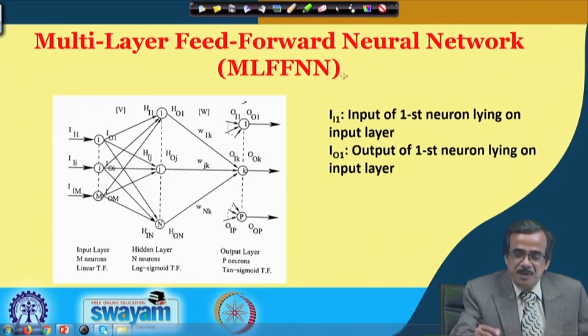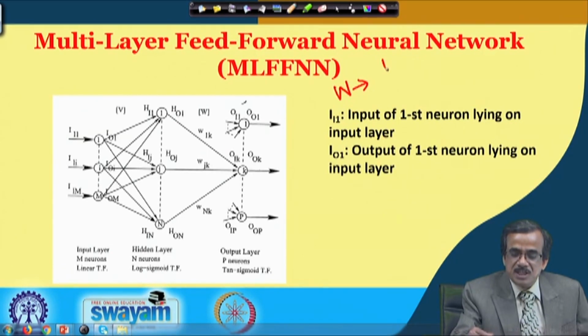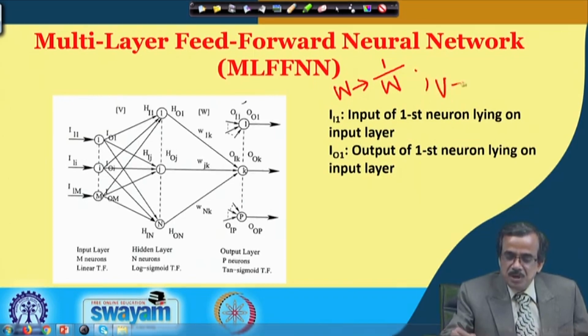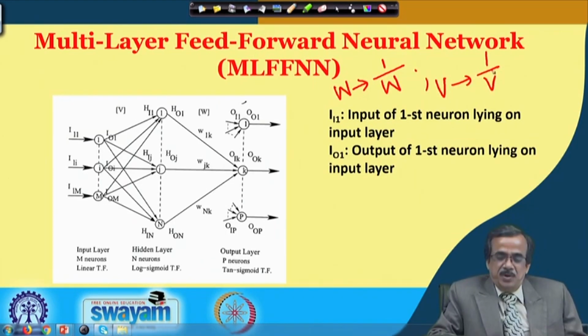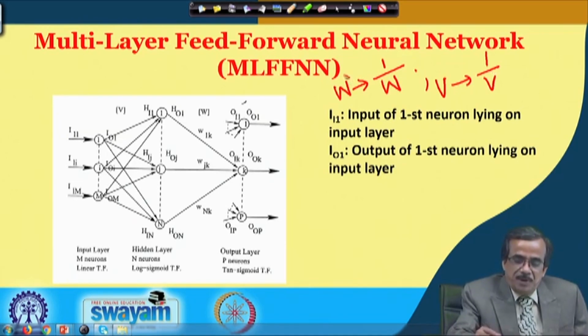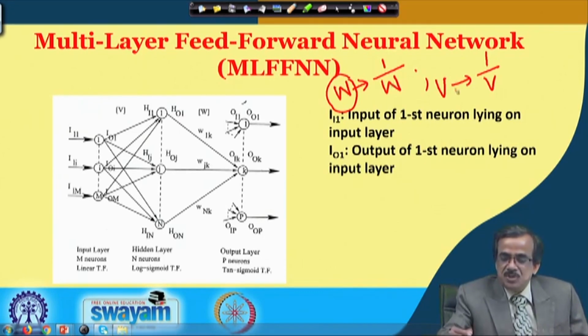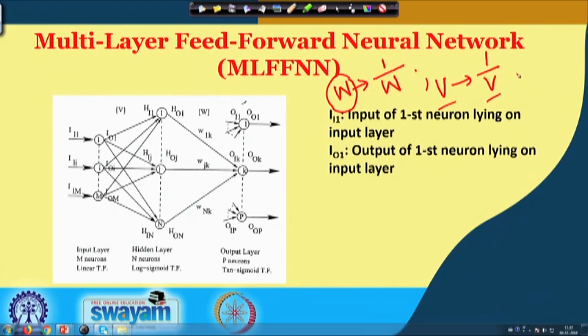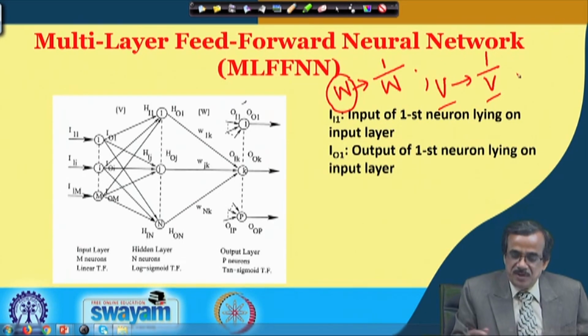If W or V becomes greater than 1, so it has gone out of range, then in place of W we put 1 divided by W, or in place of V we put 1 divided by V. If W becomes greater than 1, then 1 divided by W will be less than 1, and the same is true for V and 1 by V. By doing that, once again we forcefully put the limit within the range, and this network will once again try to become stable.